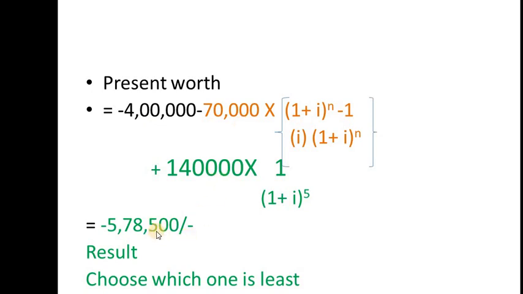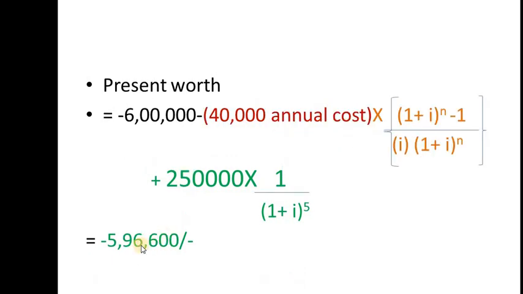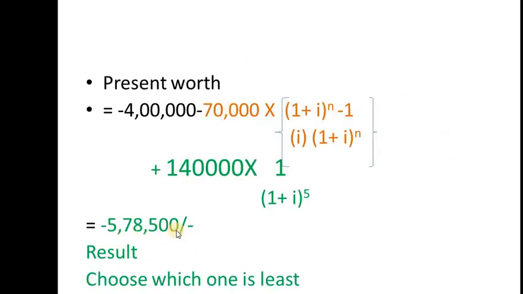So see, 5,78,500 present worth is coming. And the previous one is 5,96,600. Okay, so the present worth of transit mixer 1 is about 5,96,000 and the present worth of transit mixer 2 is about 5,78,000. Which one will you purchase? Definitely you will purchase the least amount. Correct. So the result is to choose the least one.